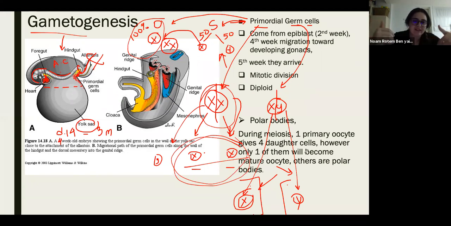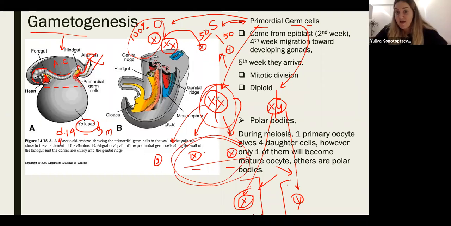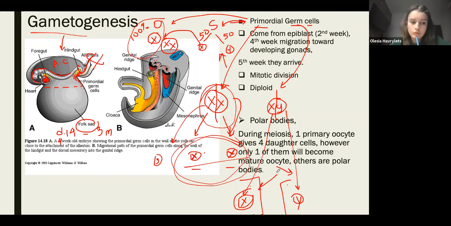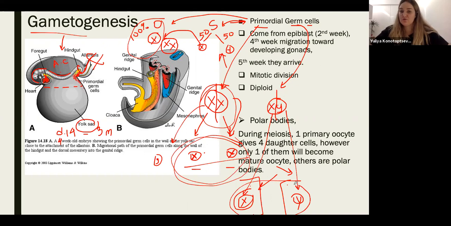So when it divides, you see that one diploid cell, a PGC, gives rise to two haploid cells, because they have only one X chromosome here, right? For a PGC carrying XY, it's the same idea. The only difference is that there is Y. If there is Y, for sure, these are spermatozoa.